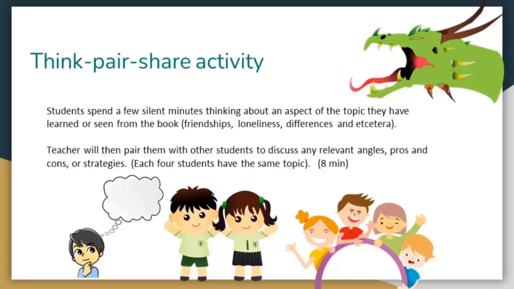At the end, they will share their thoughts and discuss with 4 students. As you can see, these images are trying to represent the activity, where one student is thinking alone, then they pair with another one, and then there's a group of 4 students that share their angles. This activity will take 8 minutes of the lesson plan.